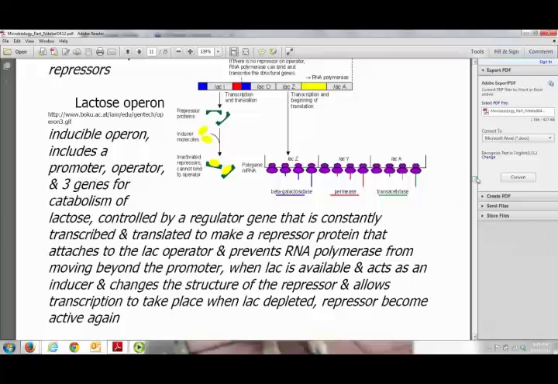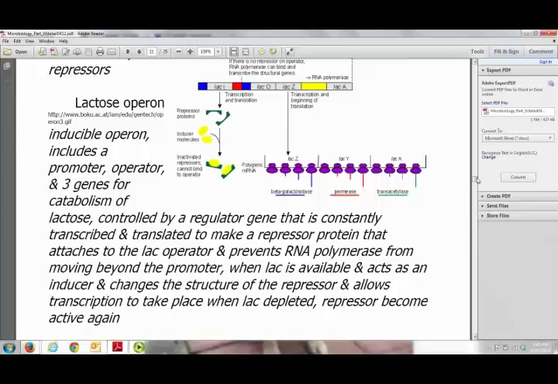This gets controlled by a regulator gene that's constantly transcribed and translated to make a repressor protein that's going to attach to the lac operator and prevent the RNA polymerase from moving beyond the promoter. When lactose is available, it will act as an inducer, and it's going to change the structure of the repressor and allow transcription to take place.